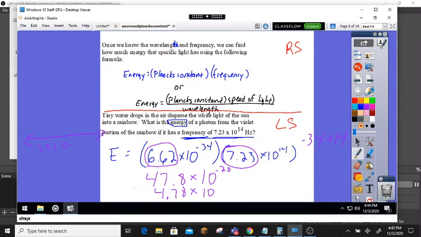Over here we have negative 1, negative 2, all the way up to negative 20. Since I moved the decimal over to the left, I was at negative 20, and I moved it over to the next number, which is negative 19, and that's my answer.